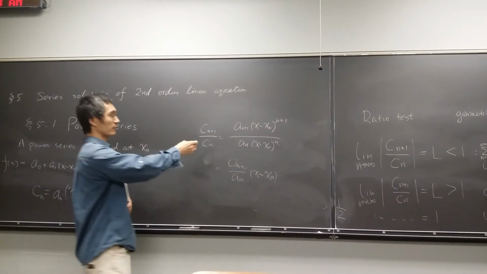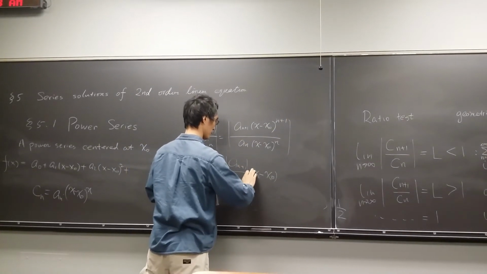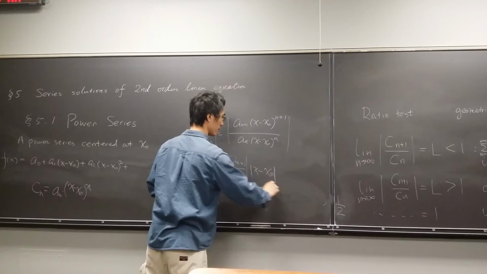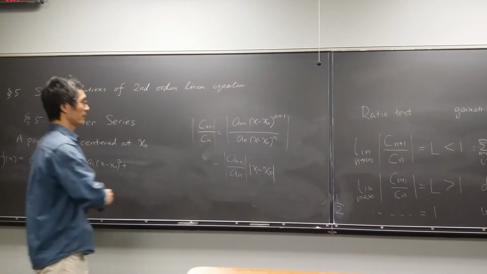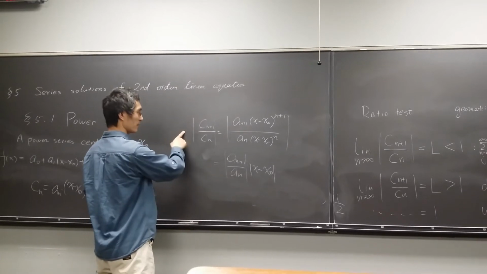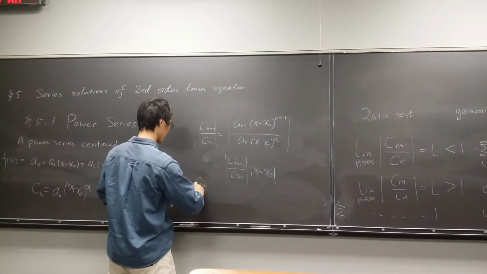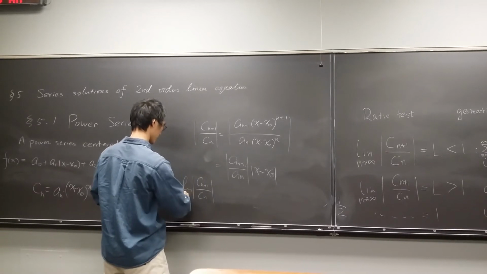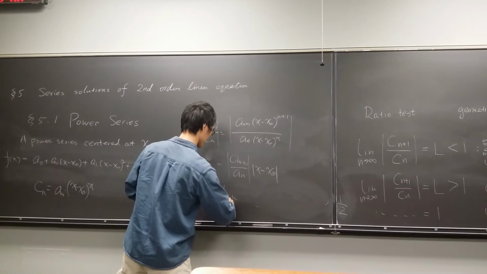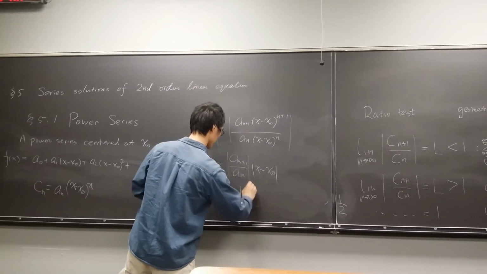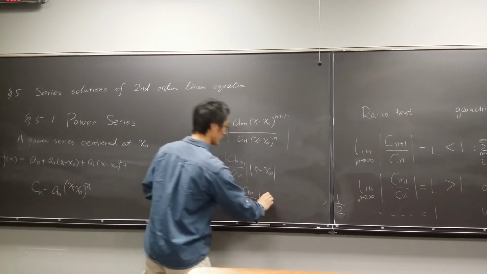And we will take the absolute value. This is our absolute value here. Okay. Then we will take the limit, right? So the limit of this will be equal to the limit of that times that number.